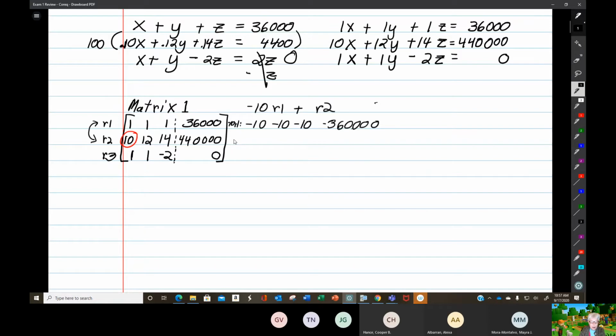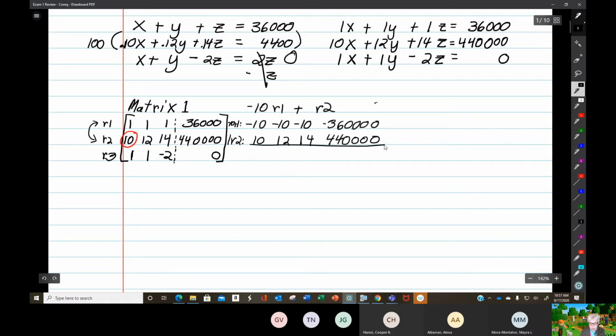And just R2, or remember that some programs require you to put a 1 in front of the R2 if you're not going to multiply it by some other number. That will give us positive 10, positive 12, positive 14, positive 440,000.